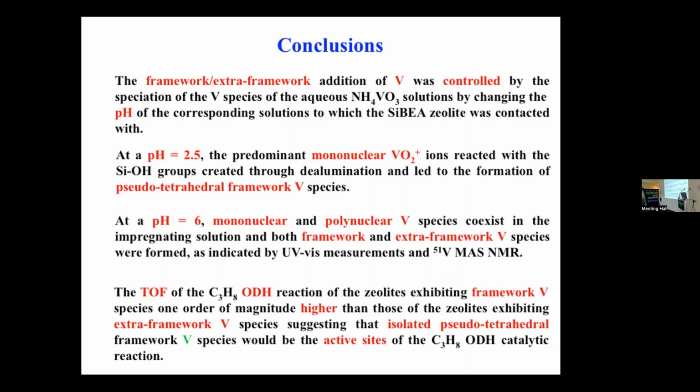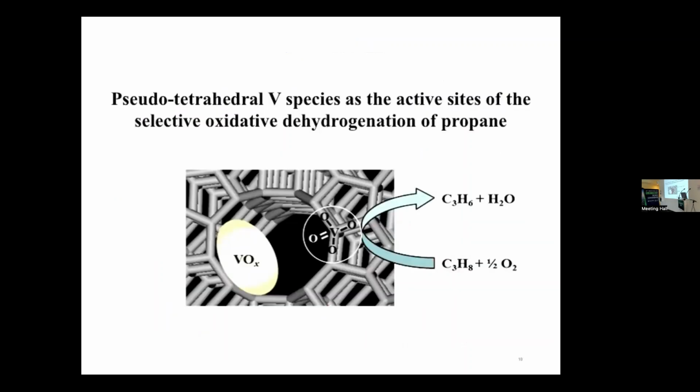So this suggests that isolated pseudotetrahedral framework vanadium species would be the active sites of the propane oxidative dehydrogenation catalytic process. So we think that this pseudotetrahedral vanadium species is the active site of propane to propylene oxidative dehydrogenation, and not polynuclear vanadium species.